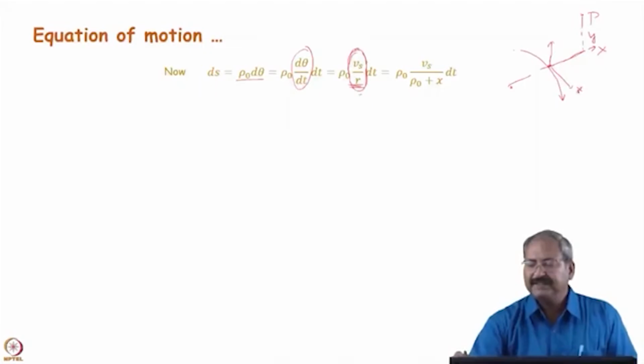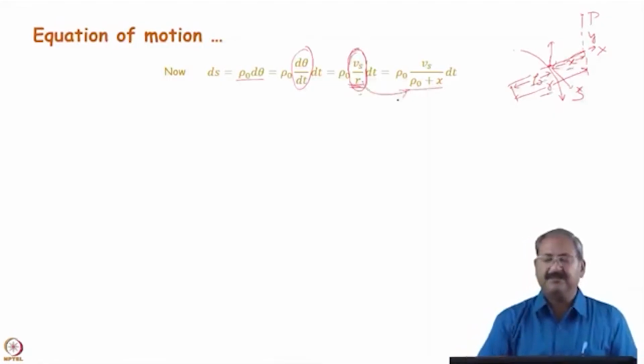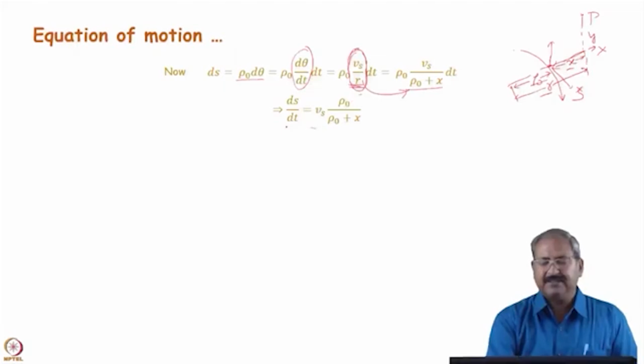This distance is x in the accelerator coordinate system, and this is rho 0, the radius of curvature of the design trajectory, and r was this. So r is equal to rho 0 plus x. At the place of r, we have written rho 0 plus x. So ds by dt will be Vs rho 0 over rho 0 plus x.